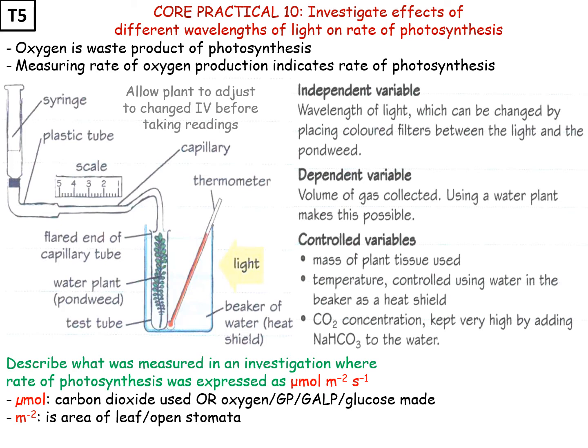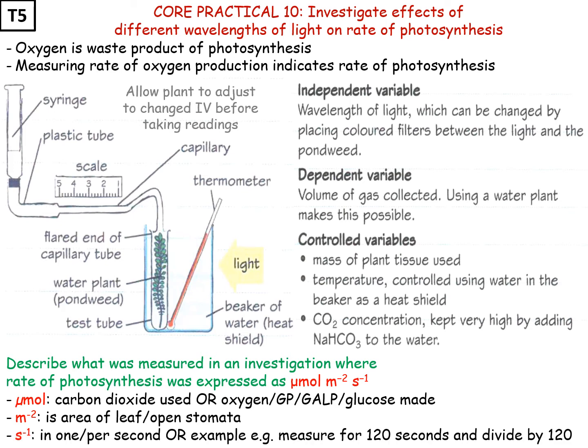Per meter squared could be the area of the leaf or the area of open stomata, and then per second is the amount of time that was used. So if it was done over 120 seconds, the results would be divided by 120 to make it per second.